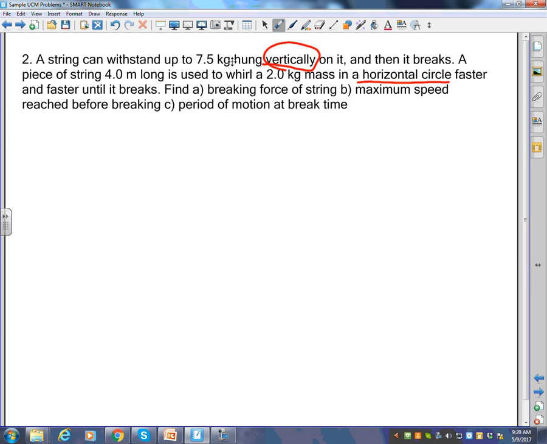Okay? So step 1 is to find that maximum tension that is made up of this weight force. So it's just mass times gravity. 7.5 times minus 9.8 gives you minus 73.5 newtons.